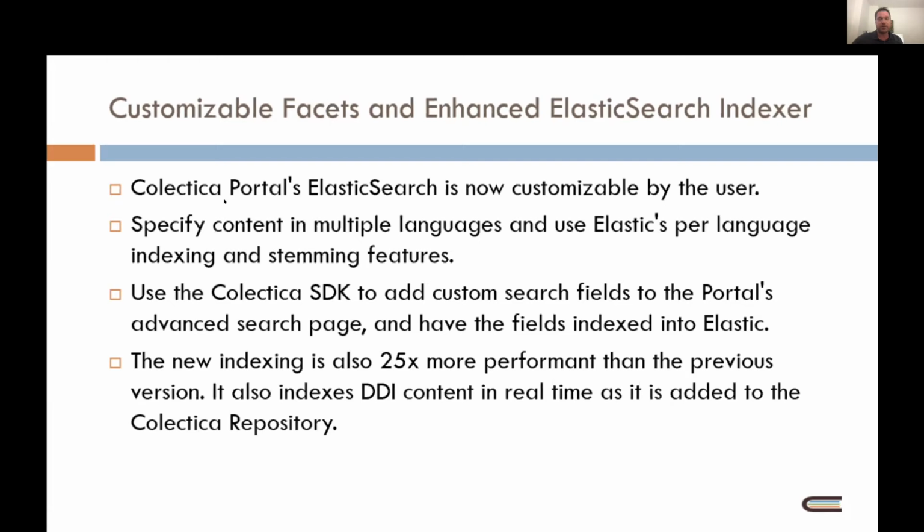And you can use the Colectica Software Developer Kit, Colectica SDK, to add your custom search fields to the portal's advanced search page and have those fields indexed into the Elastic. And also with this, the new indexing is 25 times more performant than the previous version. So it also indexes the DDI content in real time as it is added to that Colectica Repository.